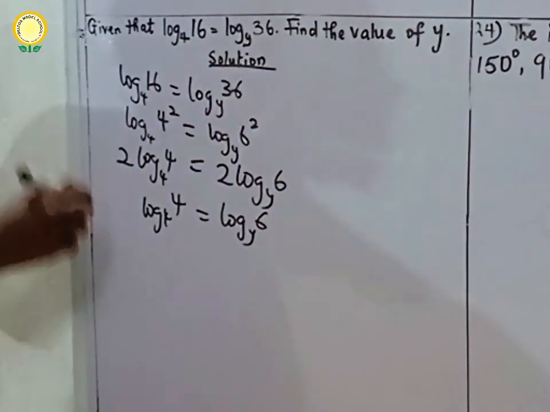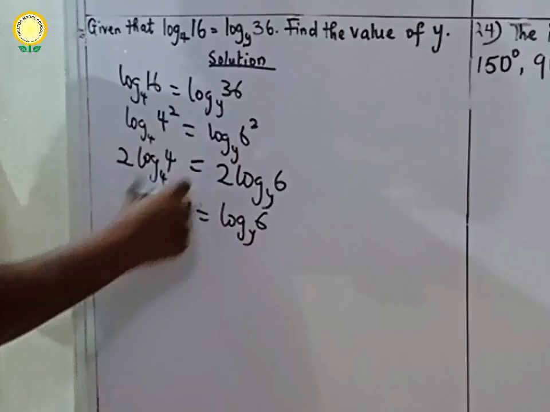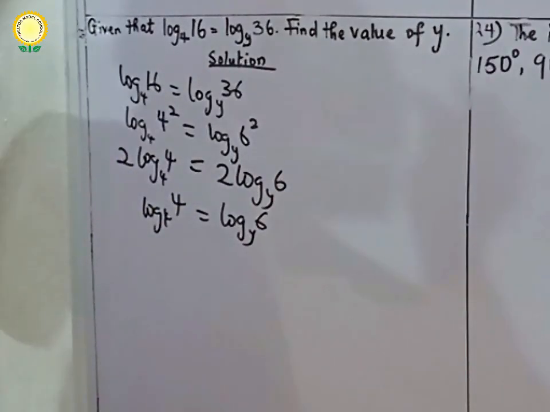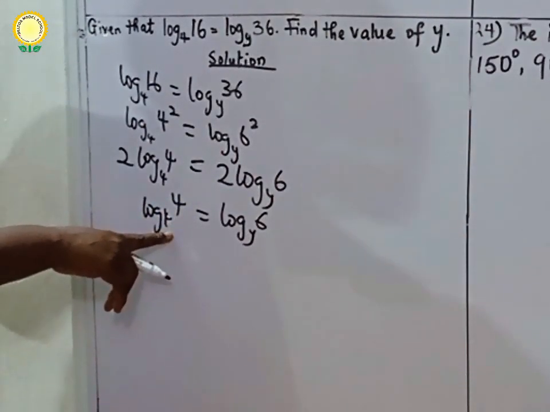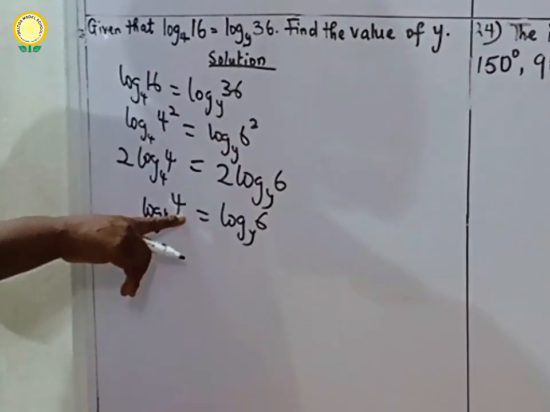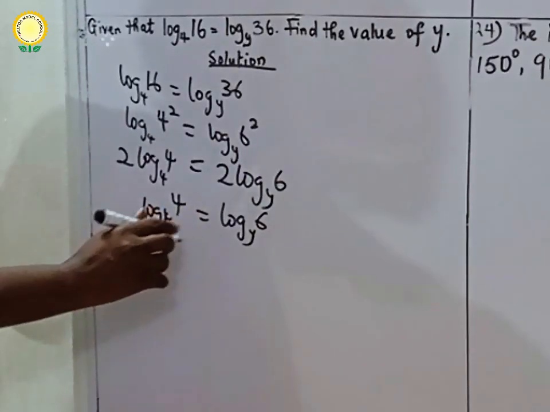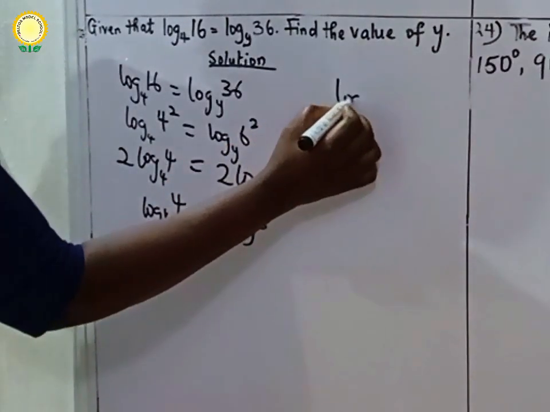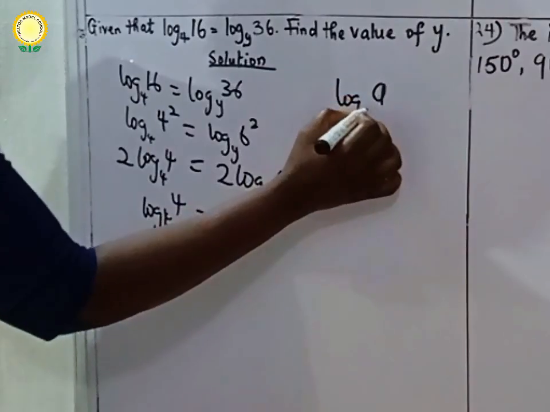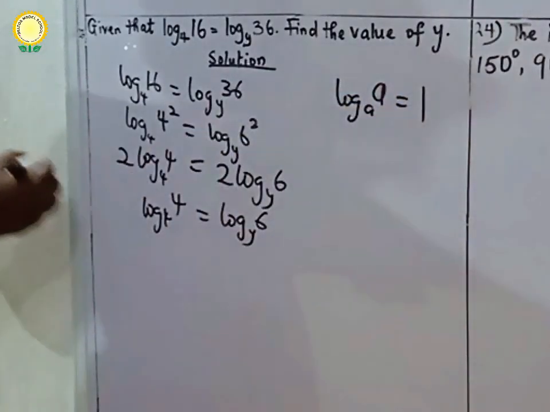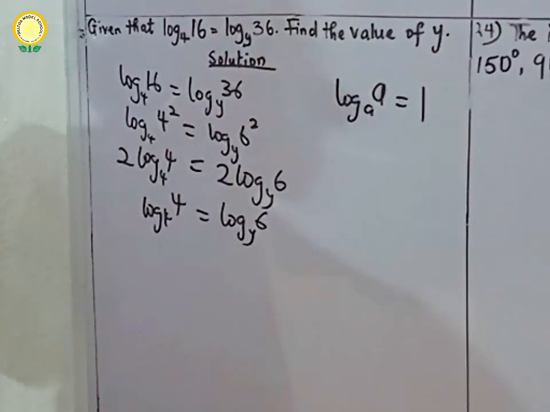Then there's another law in logarithm that when the base is the same as the number, it is equal to 1. That means log a to base a is equal to 1. That is a law in logarithm.